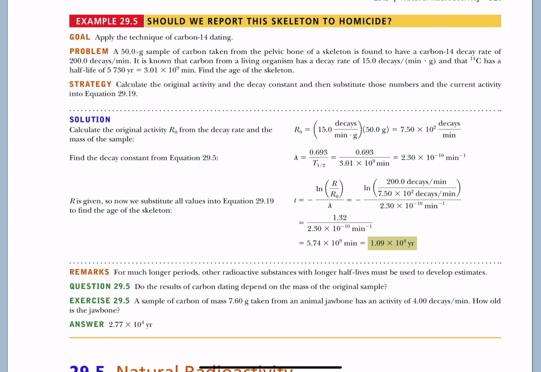And here's a problem that takes advantage of this strategy. I should mention, by the way, that we have proxies to compare carbon-14 dating against. We can look at known samples of things. For example, we can look at dendrochronology, tree ring samples, and ice core samples.